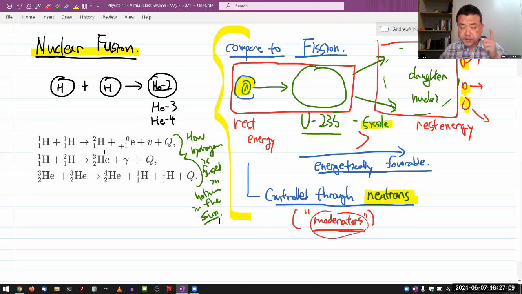And as you are thinking about this process, there are really two biggest things to consider, which are the barriers that need to be overcome.